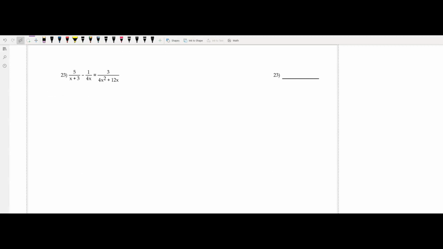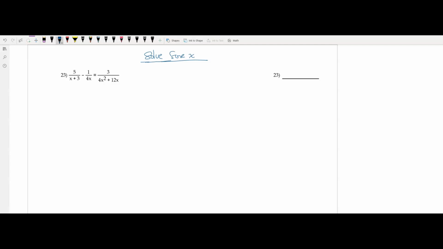Okay. Now, all right, so here we have to solve for x. All right, so when we're solving a rational equation, there are many steps that you have to take into account.